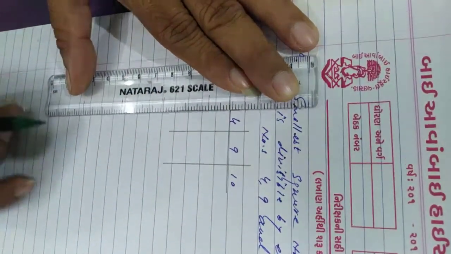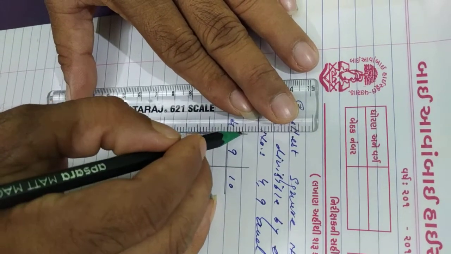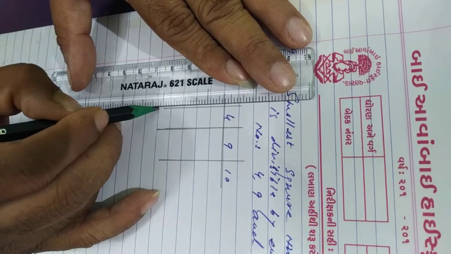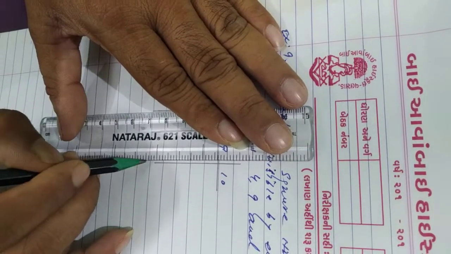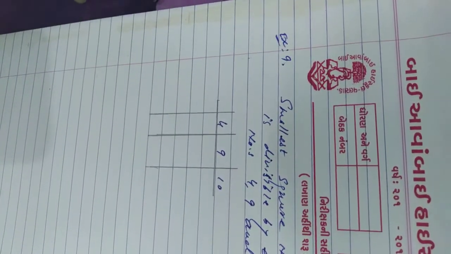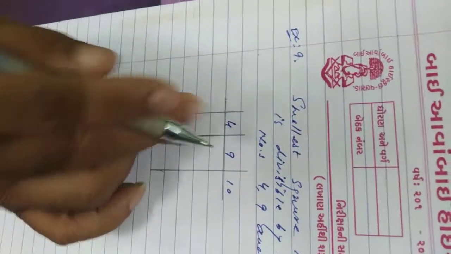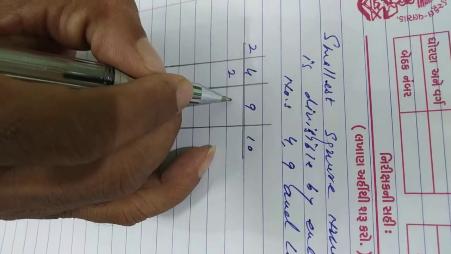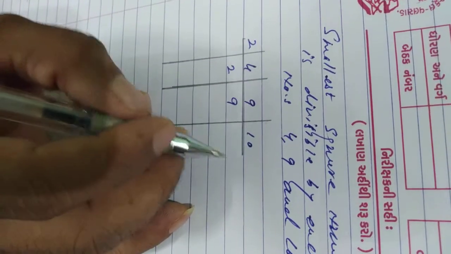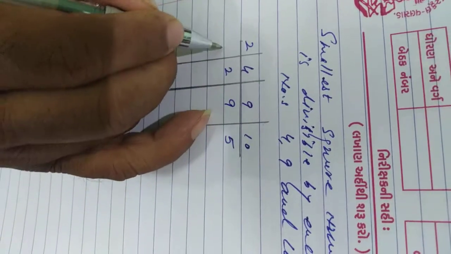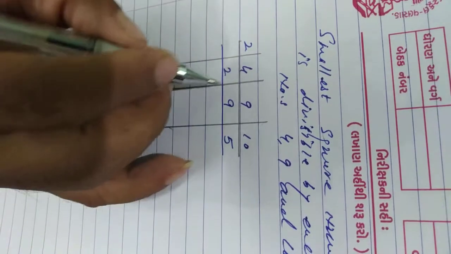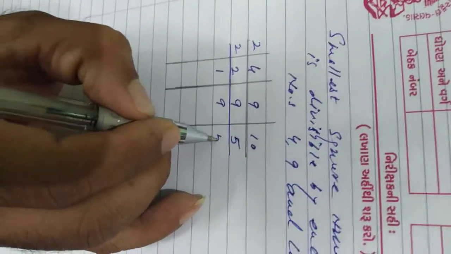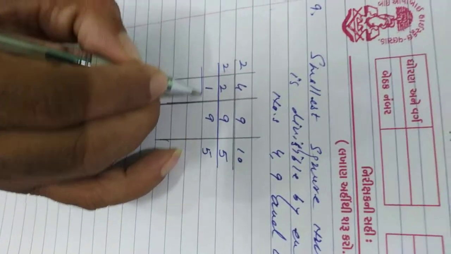So whenever we find the LCM, we always have to find it all together, right? 2 twos are 4. So 9 cannot be divided by 2. So 9 remains as it is. 5 twos are 10, right? Now next 1 two is 2. 9 and 5 remain as it is.